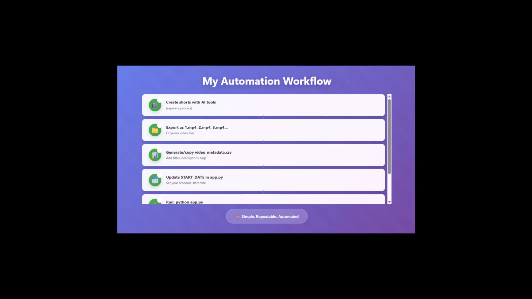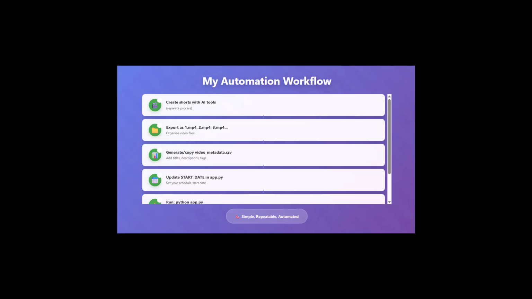Here's how I actually use this system in my workflow. Step 1. I create my shorts using AI tools, whatever process works for you. Step 2. I export all the video files as 1.mp4, 2.mp4, 3.mp4, etc., and drop them in the videos folder. Step 3. I generate or copy my video metadata CSV with matching file names, titles, descriptions, and tags.